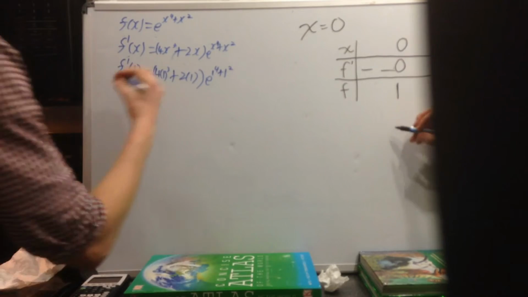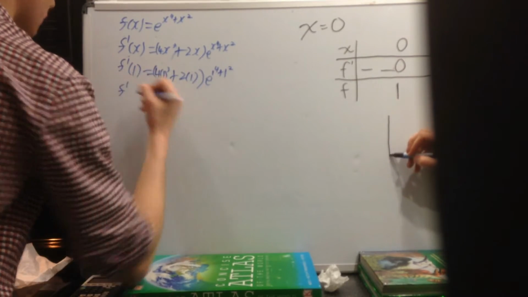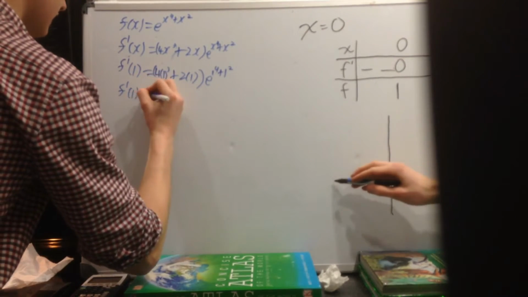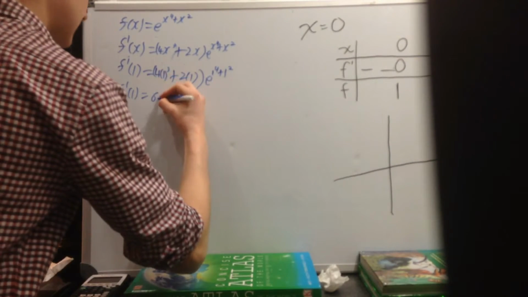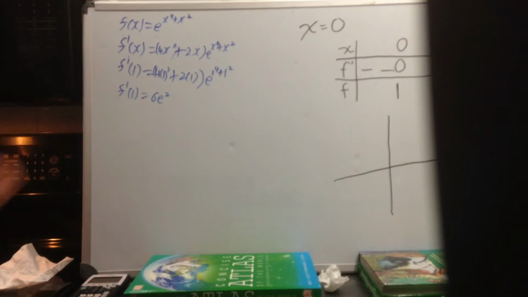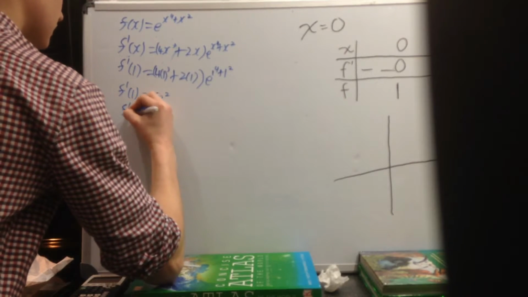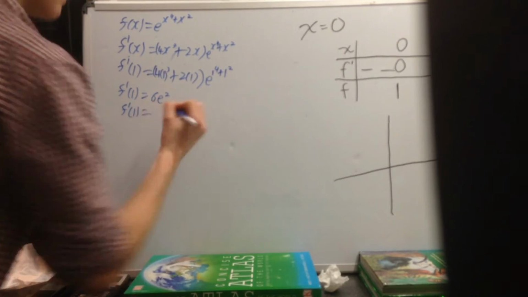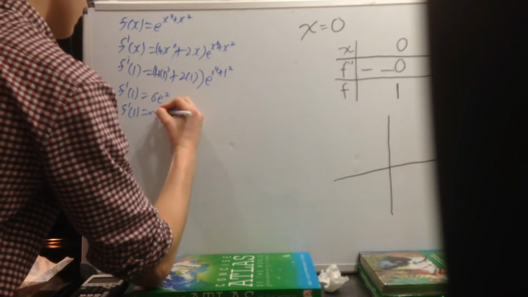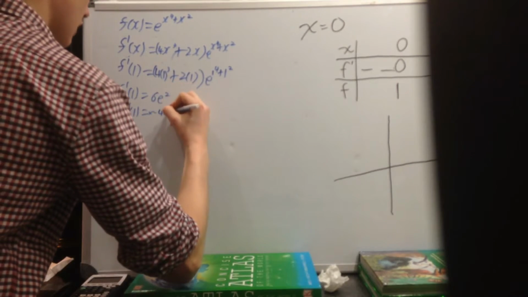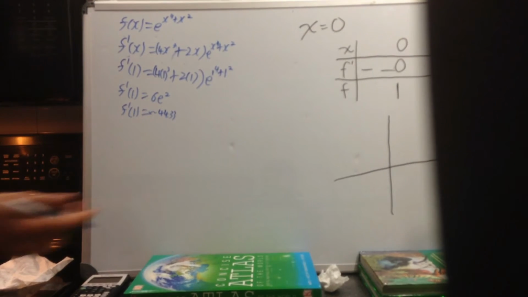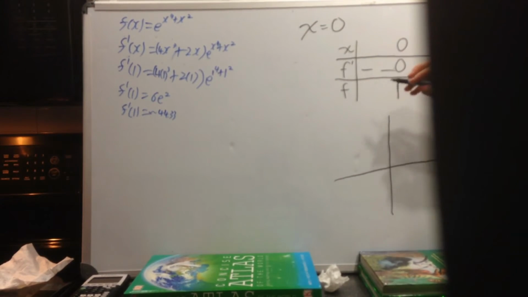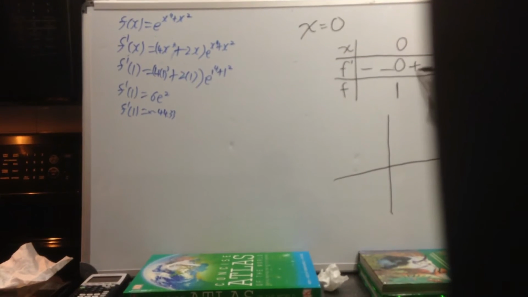Now we do our addition, which equals 6 e to the 2. This equals approximately 44.33. Note this is positive. So a positive number means that to the right of 0, f prime is positive.